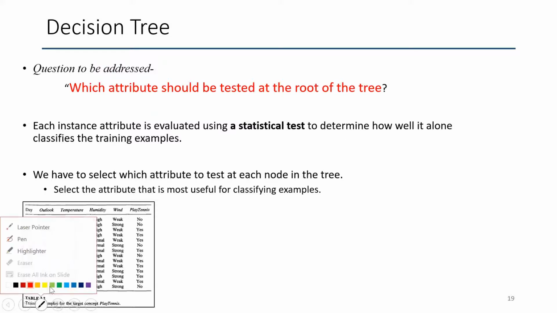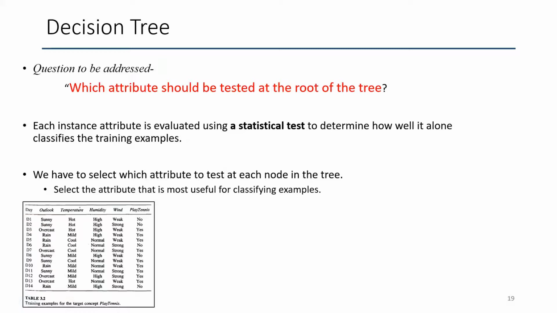In total we have 4 attributes. At the root node, we have to decide which attribute to test, and for that we need some test that will tell us to use outlook at the root node. Once you have decided to use outlook at the root node, how many possible values are there for outlook?